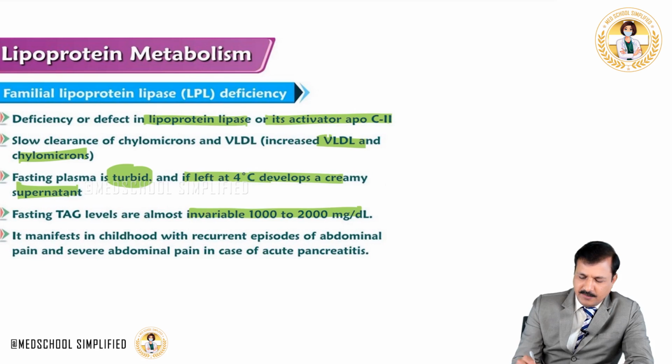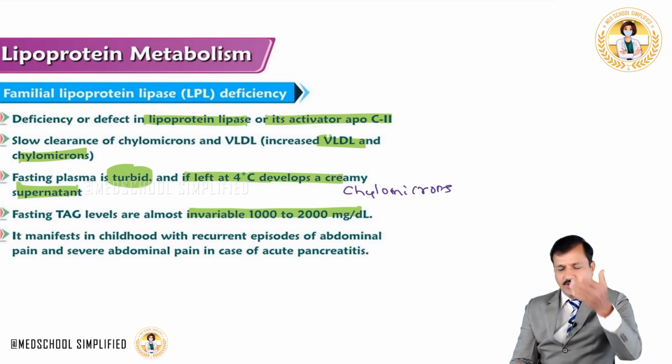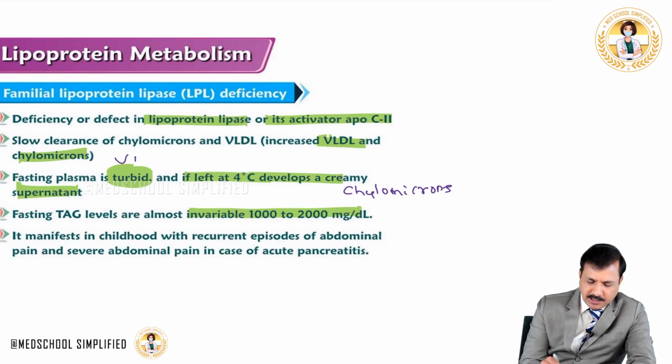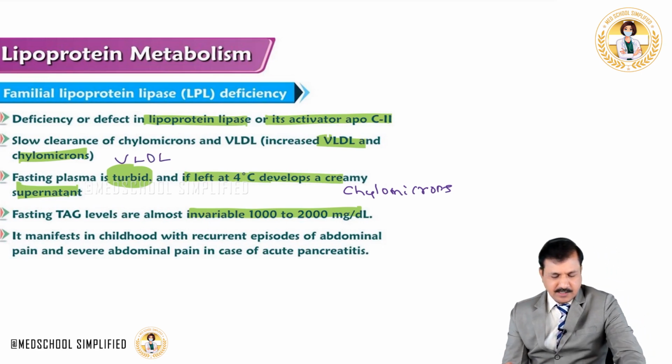Remember that creamy supernatant. The creamy layer is because of the presence of chylomicrons. You know chylomicrons are the least dense molecules, that's why they float on the top, and turbidity is because of VLDL. Make sure you remember that.